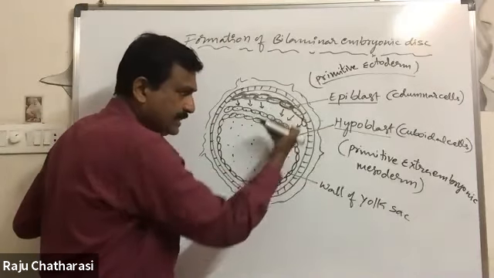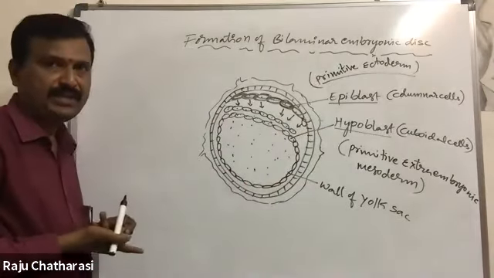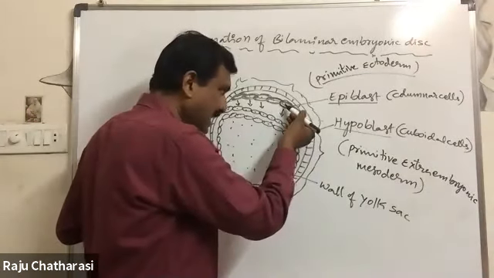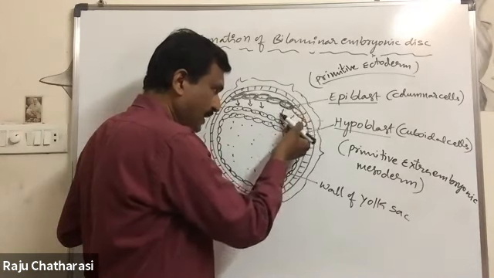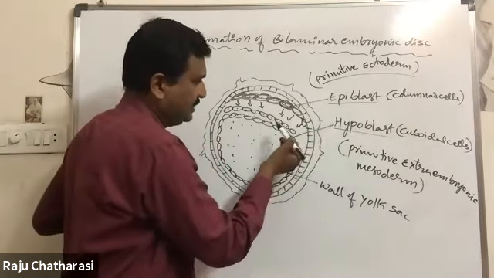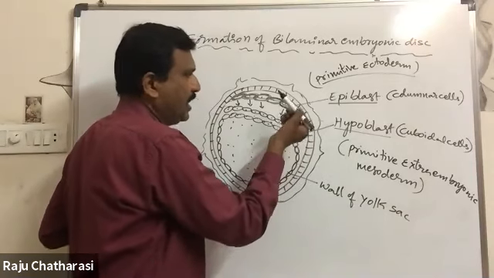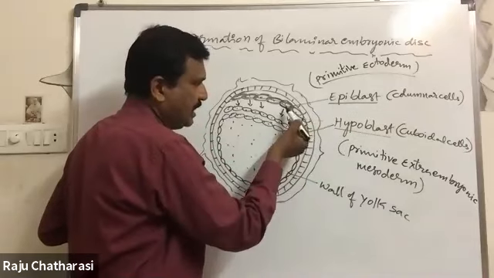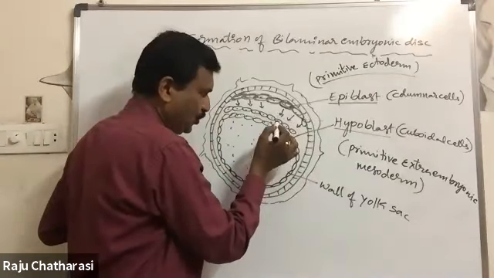This process is called delamination. Here these cells are migrating to other places. Hypoblastic cells migrated downwards, and new cells formed from epiblast are migrating to this layer.